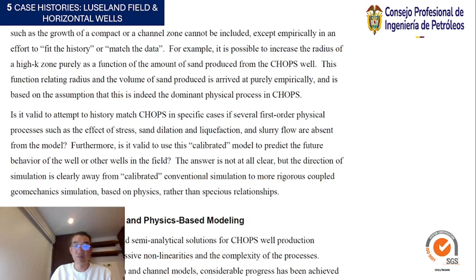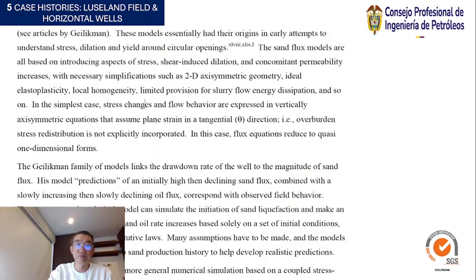Nevertheless, in the compact growth and channel models, considerable progress is being achieved. These models essentially had their origins in early attempts to understand stress, dilations, and yield around a circular opening.